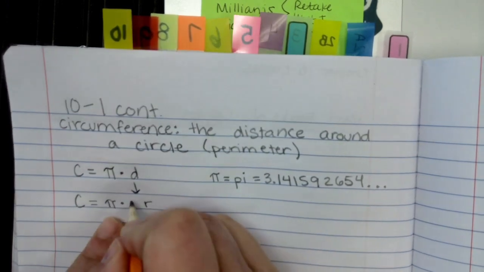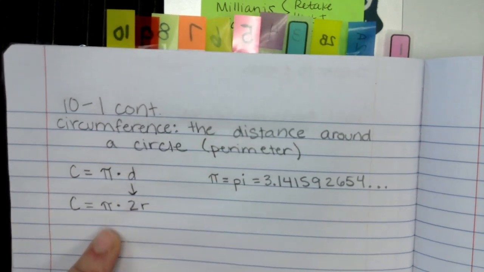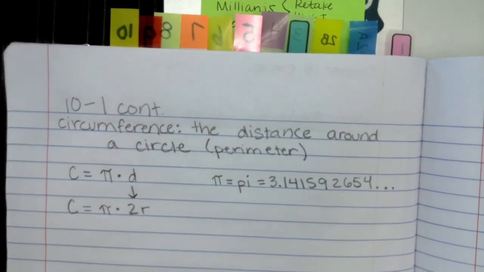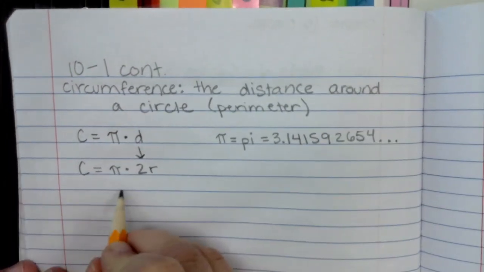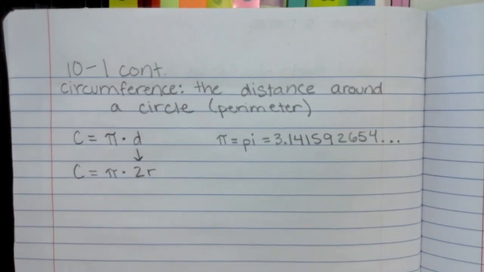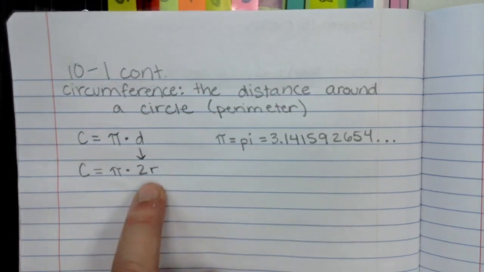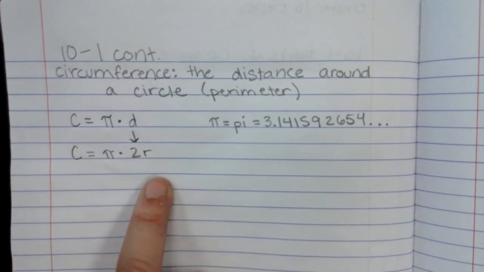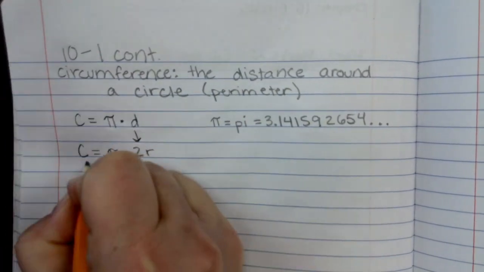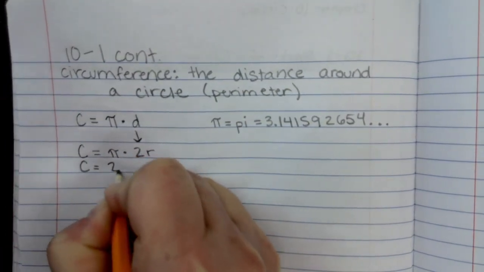Generally, when we see pi times 2r, we don't like that 2 next to that r because it just looks goofy. We put pi first, and the r is last. So for some reason, we just like to rearrange that so it's 2 pi r. It's the same thing, just rearranged. Instead of doing pi times 2, we just flip those around. 2 pi r.